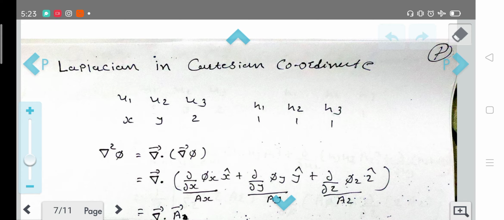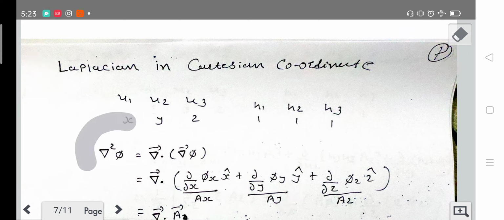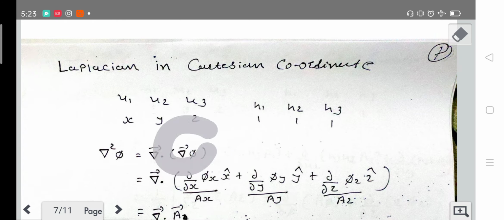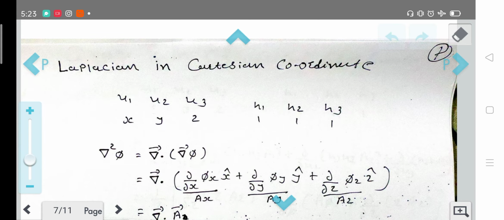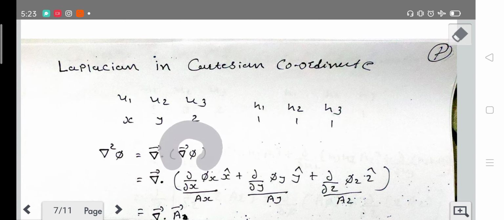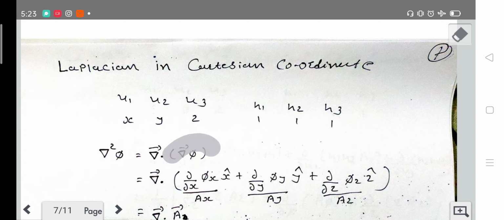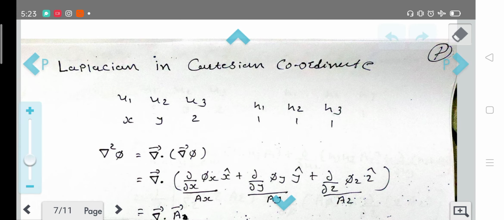We already know that the Laplacian of a scalar quantity is the divergence of the gradient of phi. We already know the formula for the gradient of phi, so we will first take the gradient of phi, and then take the divergence of this quantity.